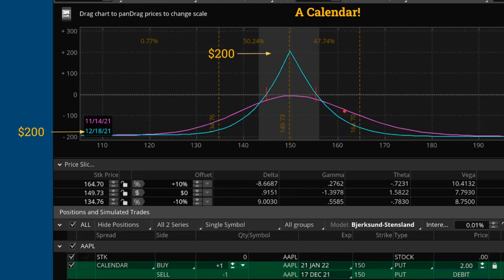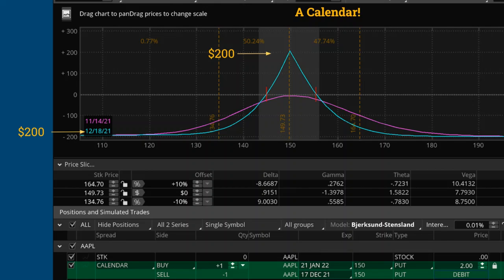And these generally are done when people think, there's kind of a couple reasons to do calendars. One is that they profit from increased implied volatility. So when people expect a lot of movement, a calendar can be a useful tool. We're going to talk about implied volatility a couple of videos down the road, so you don't need to necessarily know what that is right now, but that's one of the reasons people use calendars.